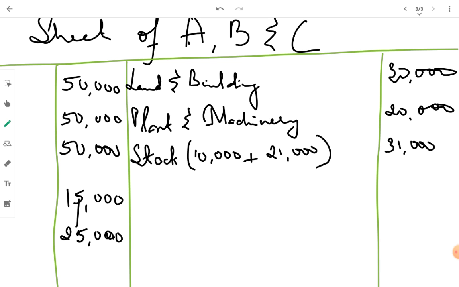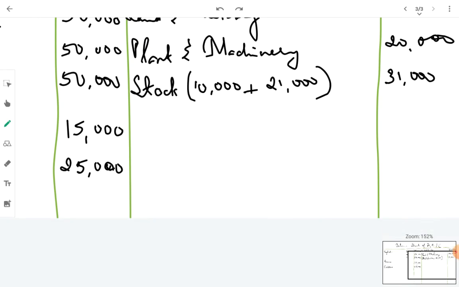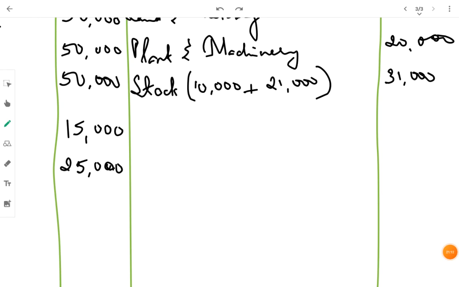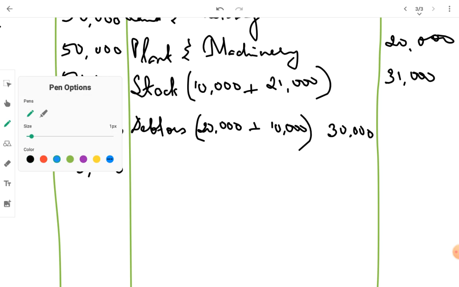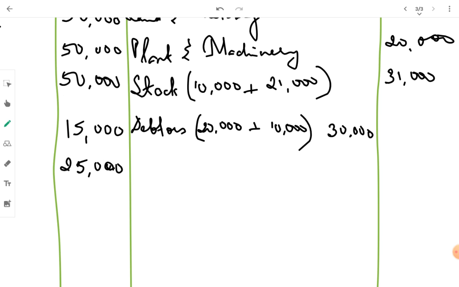Okay, and moving on, the next item that we have are your debtors. So write down debtors, and total debtors in your original balance sheet is rupees 20,000, plus the debtors that were brought in by the new partner, rupees 10,000. So total debtors rupees 30,000. But you have some provisions for bad debts, so those provisions should be deducted.